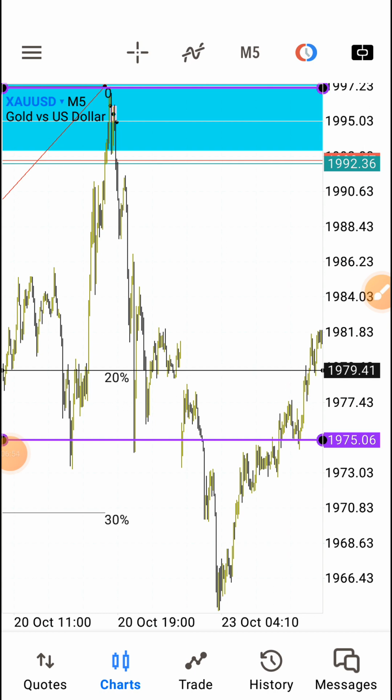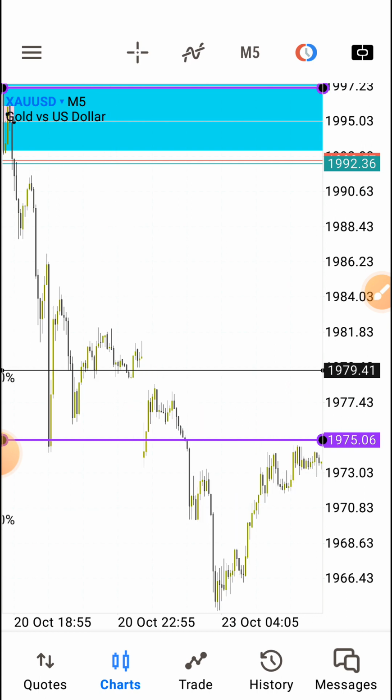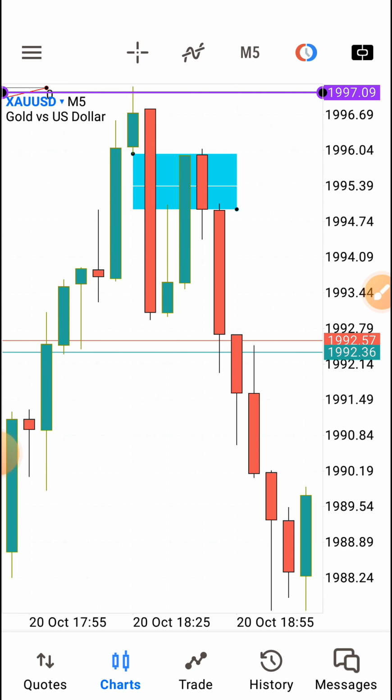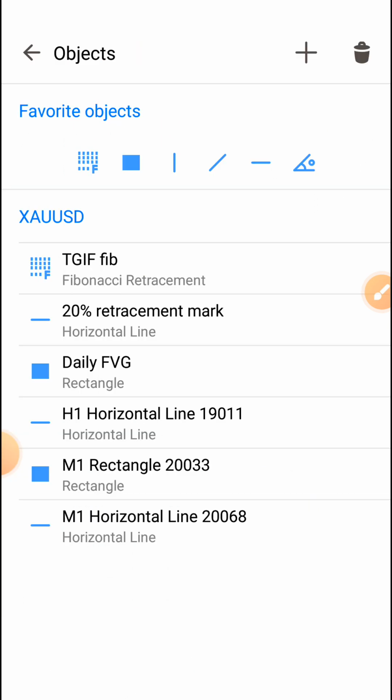We have it here. Let me zoom in. See this 1800, it's right at the top there. See that point there, we have a fair value gap. Once we start the retracement below, actually let me show you something here.